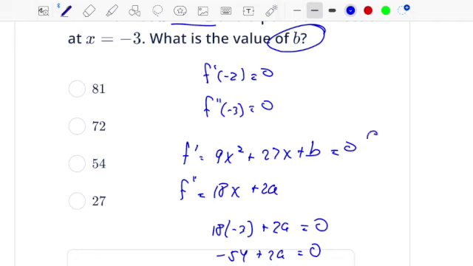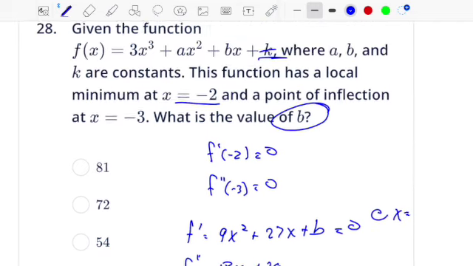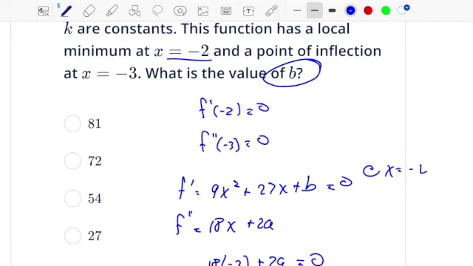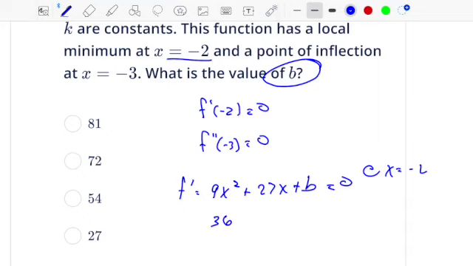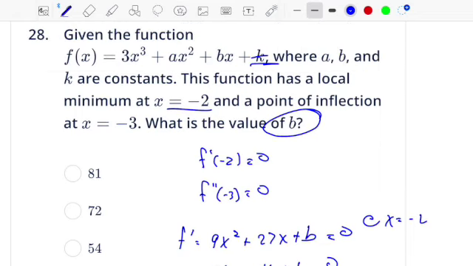That equals 0 at x equals -2. So we have -2: 4 times 9 is 36, plus minus 54, plus b is equal to 0. That's -18, so we've got 18.